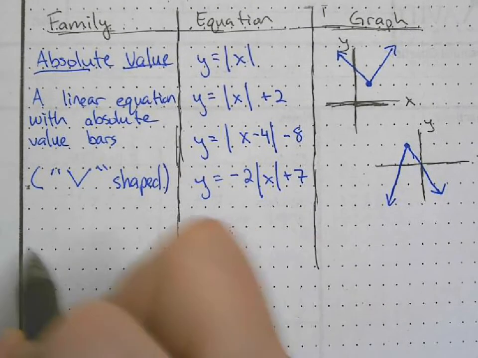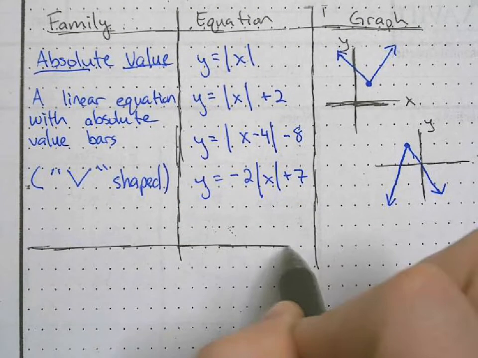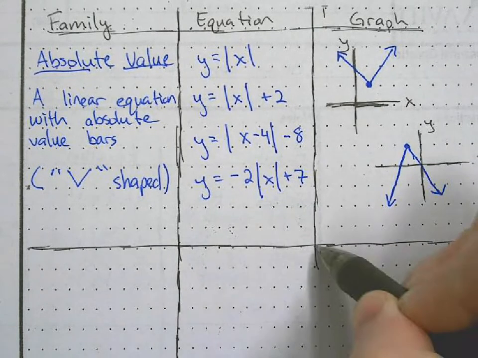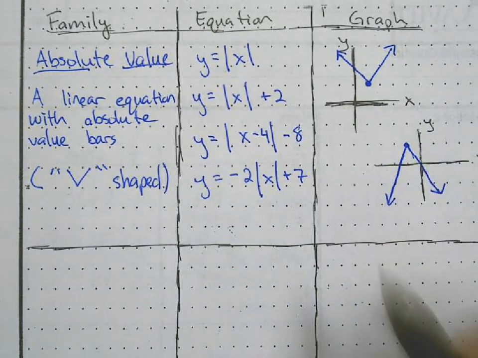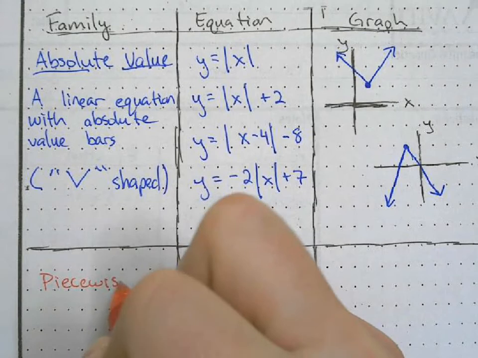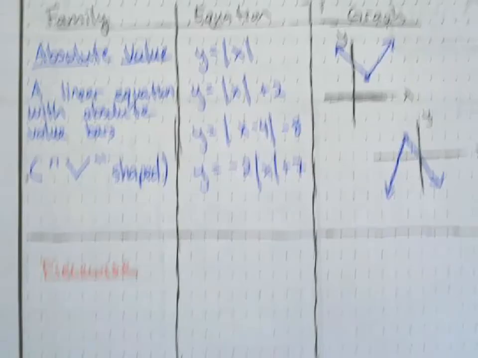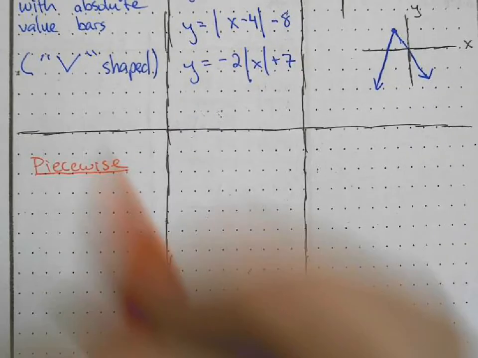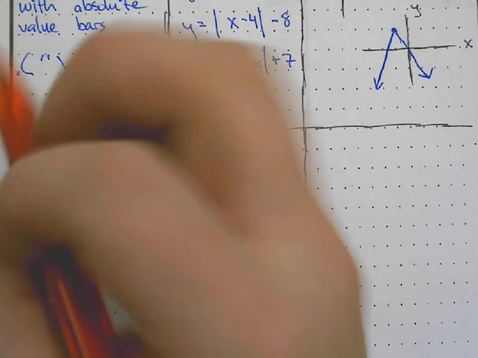And then we're to our last family, and our last family is piecewise. In this family, it's made up of multiple pieces.